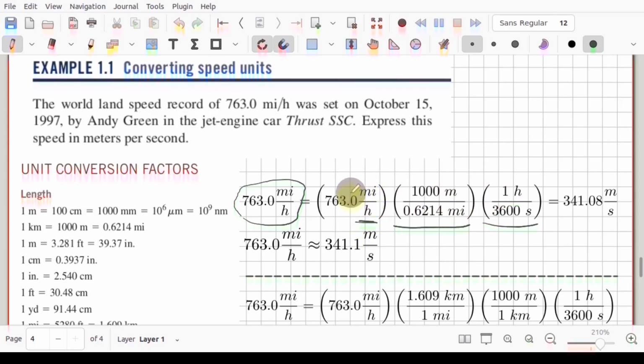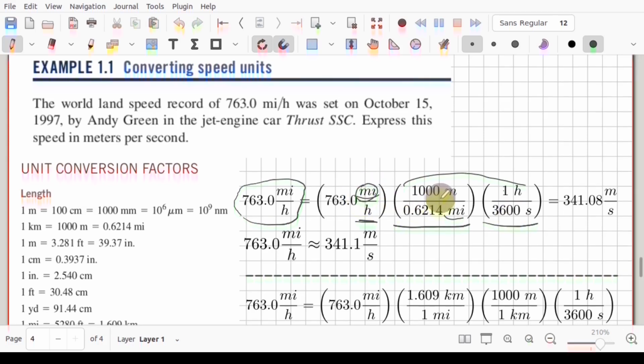In this case, since miles are in the numerator of the original units, we will place miles in the denominator of the conversion fraction. These conversion fractions have equivalent values in both numerator and denominator.